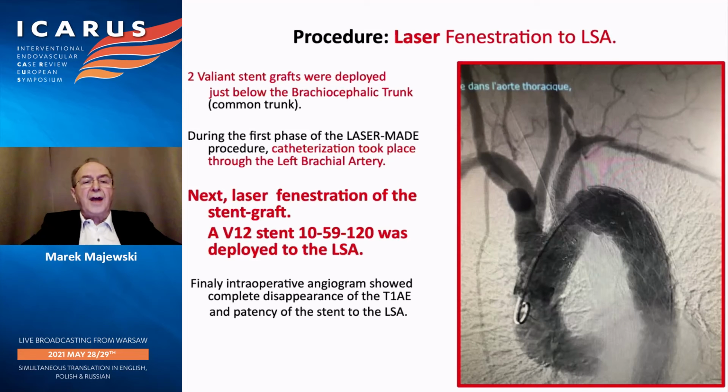During the first phase of the laser-made procedure, catheterization took place through the left brachial artery. Next, laser fenestration of the stent graft. A V12 stent was deployed to the LSA. Finally, intraoperative angiogram showed complete disappearance of the type 1 endoleak and patency of the stent to the LSA.